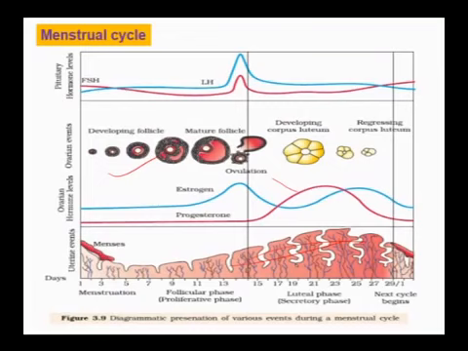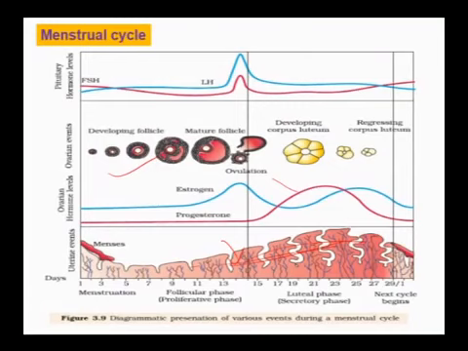The zygote undergoes a process called embryogenesis. You know what embryogenesis is? The process of formation of an embryo from a diploid zygote is called embryogenesis, forming the morula, blastula, or blastocyst. Meanwhile, the uterus makes certain preparations and waits for the blastocyst to come and attach to the wall of the endometrium.